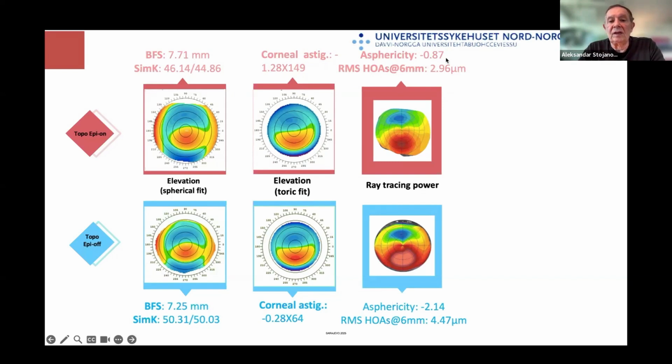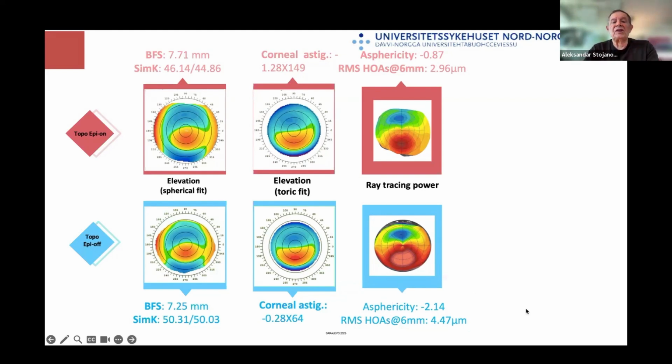Asphericity increased significantly from -0.87 to -2.14, while higher order aberration, that is this coma coming in, increased with epithelial removal from 296 micrometers to 447 micrometers.